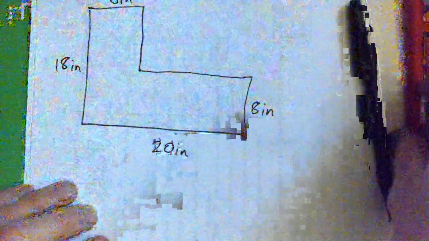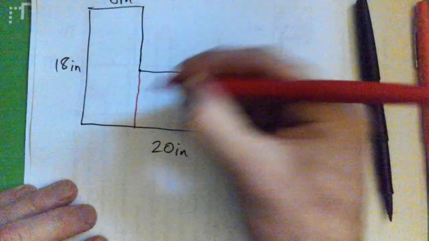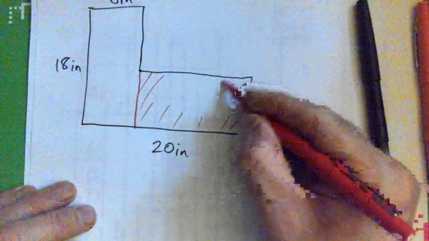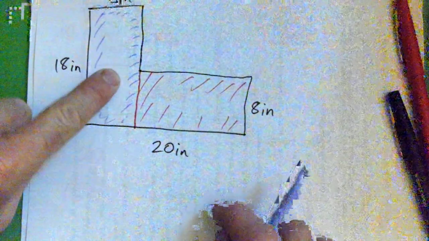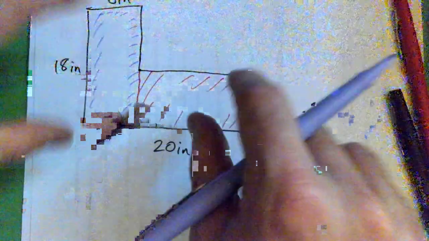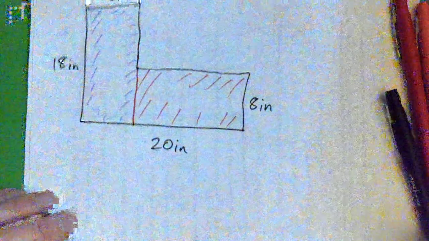So the other way of doing it was to block this off, and we'll call that the red area, and we'll call this the purple area. If anyone wants to, press pause on the video and try to figure out the area of this rectangle and the area of this one. Then we'll add these together and we'll also get 220, same thing, right?